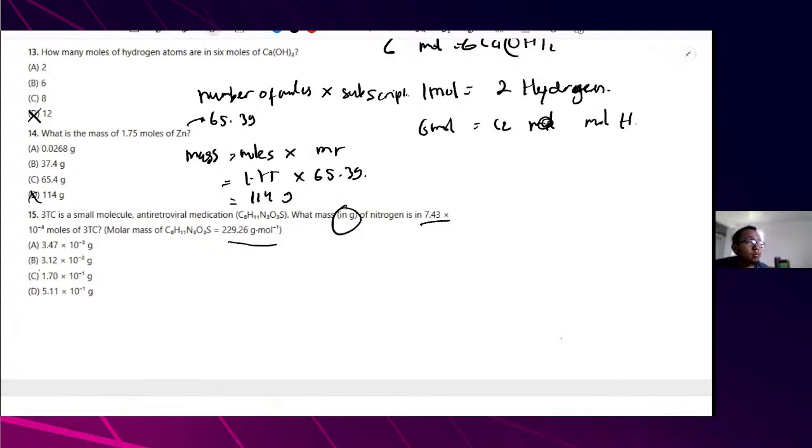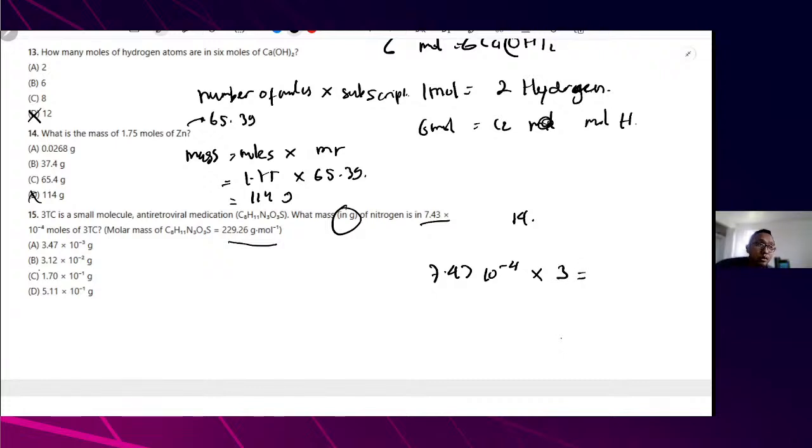So 1 molecule of 3TC has 3 nitrogen atoms, okay? And so per mole of 3TC we get 3 moles of nitrogen atoms. So nitrogen atom is 14. Oh, yes. Okay, 14. So which means 7.43 times 10 minus 4, it should be times 3.